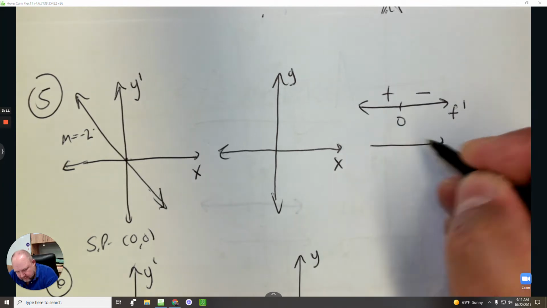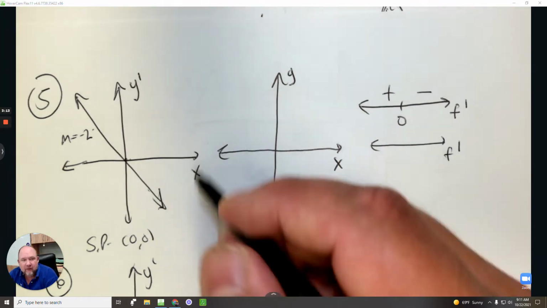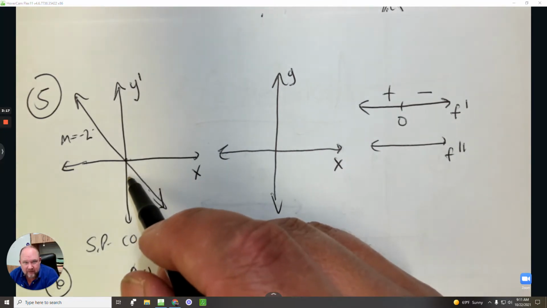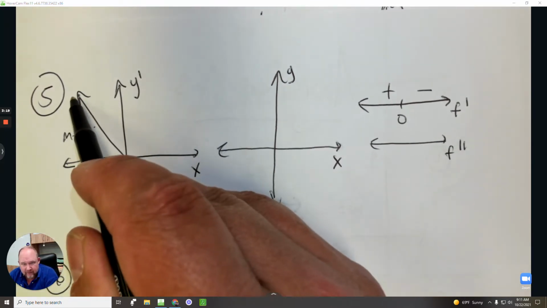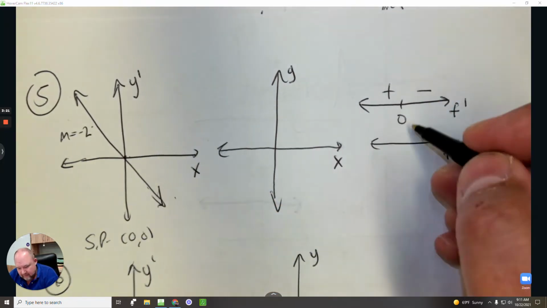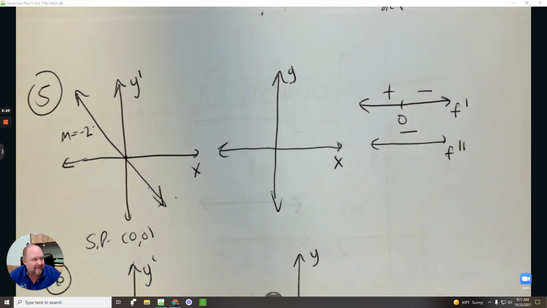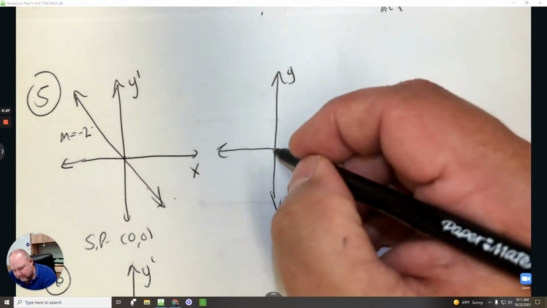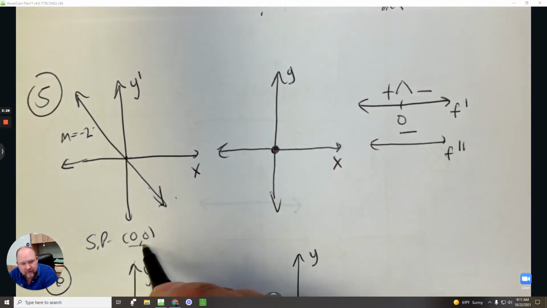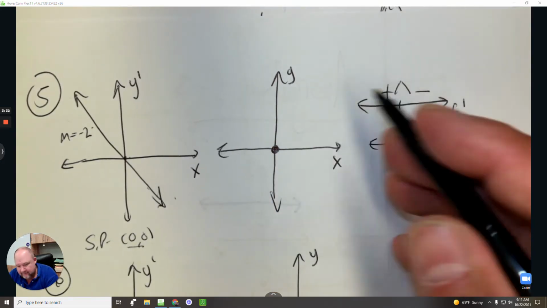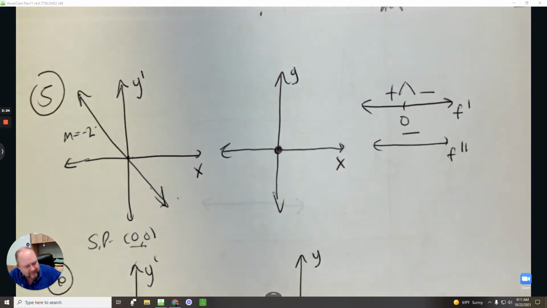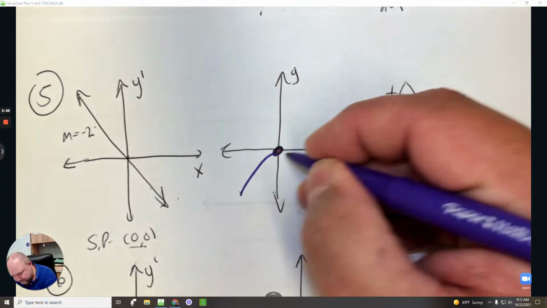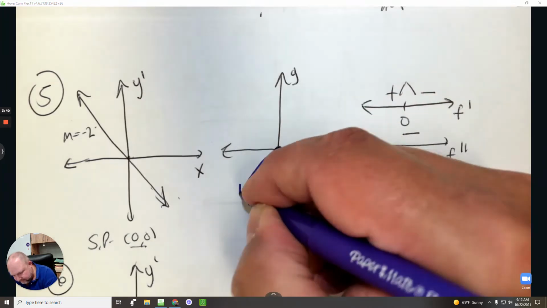For the second derivative, I'm looking for any turning points. We don't have any. And then I'm looking for increasing and decreasing. So this derivative is only decreasing. That means this graph is concave down. So at 0 is going to be a maximum. So 0, 0, our starting point, is a maximum, and it's concave down. Let me make sure I stick to my purple. There it is.